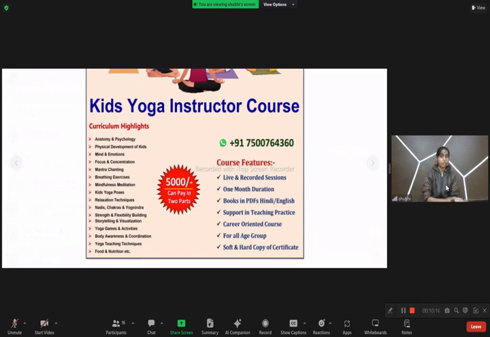If the kid is in a very fast growing phase, then which kind of asanas will we give, which kind of meditation will we give. If the kid has just entered into the teenage, 12, 13, how are we going to support with the different types of asanas? The changes are quite different with a child who is just 10 years.